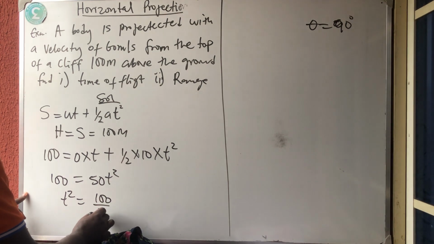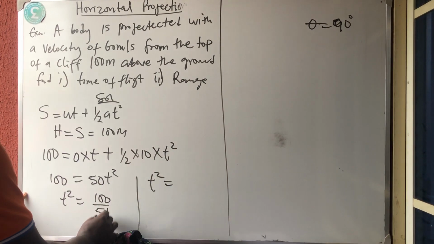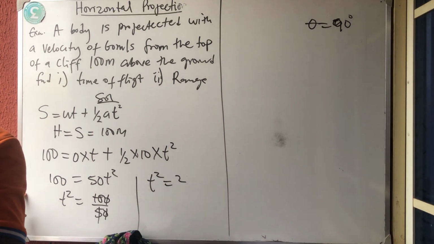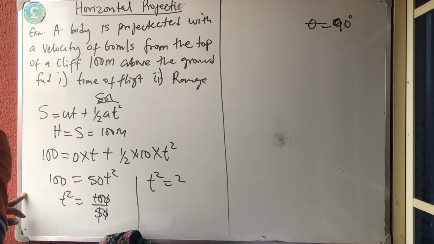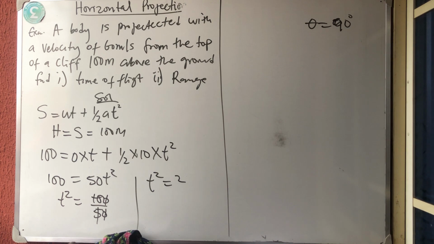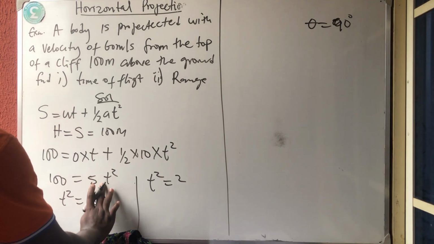So therefore t squared is equal to 100 divided by 5, which is 20. Sorry, it is 5, not 50.